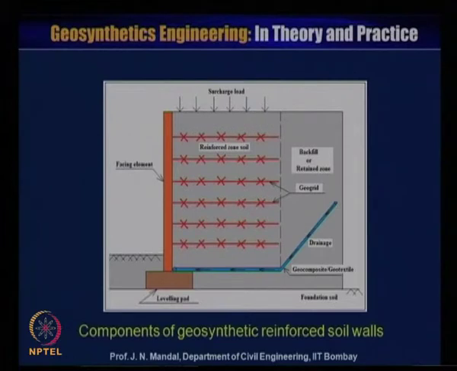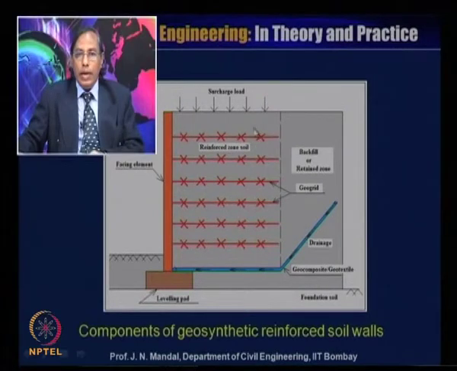You can see the different components of the reinforced soil wall. Here you can see this is the foundation soil. If the foundation soil is very poor, how we can improve the soil, that also we will discuss. And this is the reinforced zone soil, this is the facing element, and this is the backfill or the retained zone, and this is the reinforcement, geogrid as a reinforcement, and this is the drainage.